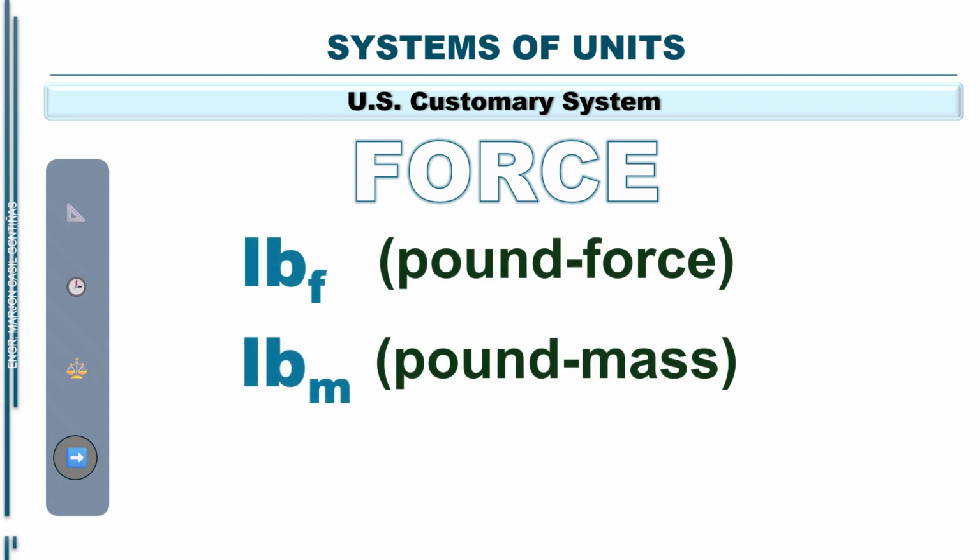But here's a common source of confusion you need to watch out for. lb sub f means pound force. That's force, which depends on gravity. lb sub m means pound mass. That's the amount of matter, like how much stuff is in an object. Be careful. In practice, people often say pound, without specifying if they mean lb sub f or lb sub m, which can lead to confusion.